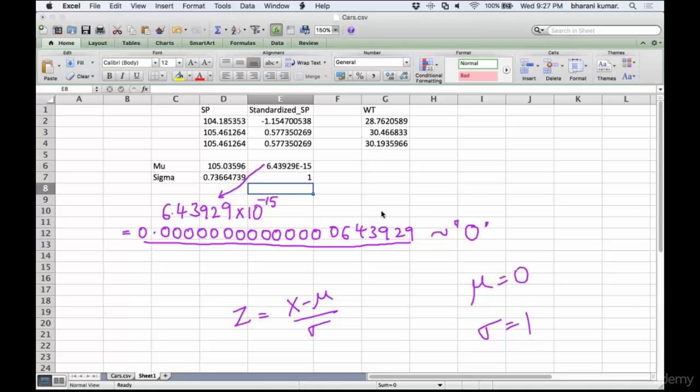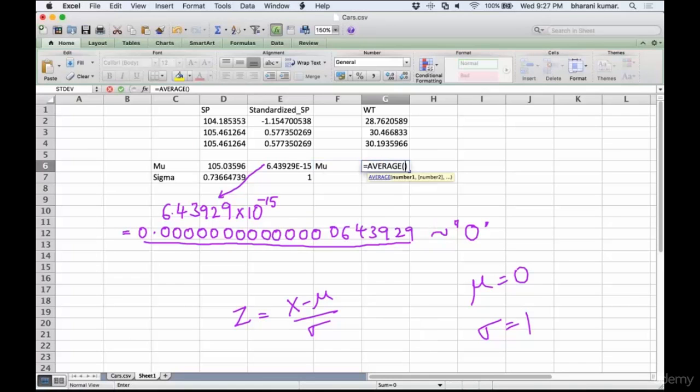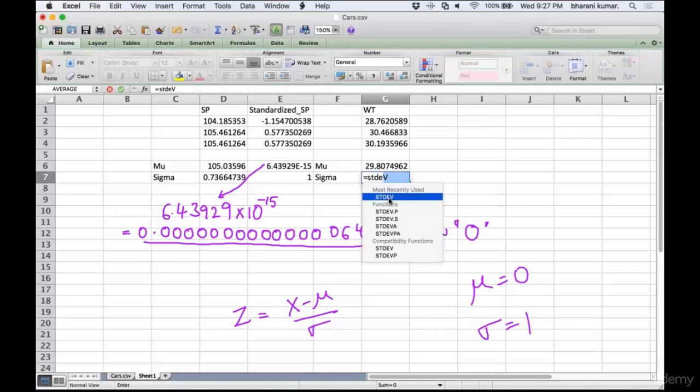Alright. Now, let me show you the standardized value for weight. If you want to calculate mu, it is the average of all these values, and if you want to calculate sigma, it is the standard deviation of all these values.